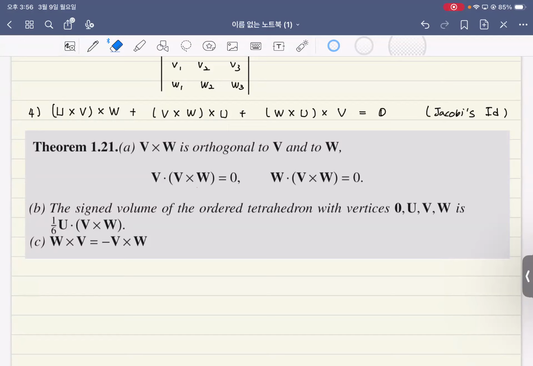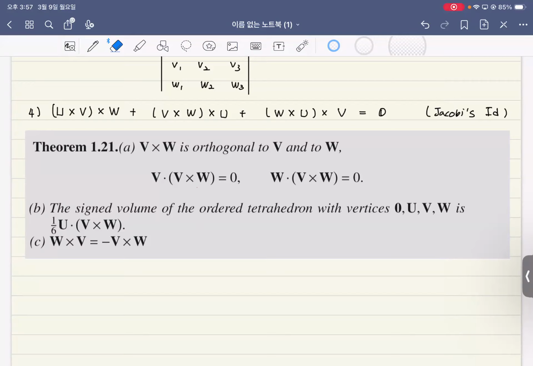In other words, I can rephrase it like this: imagine a two-dimensional plane containing the vectors v and w at the same time. Then v cross w is going to be the normal vector of the plane. This is the claim of letter A.